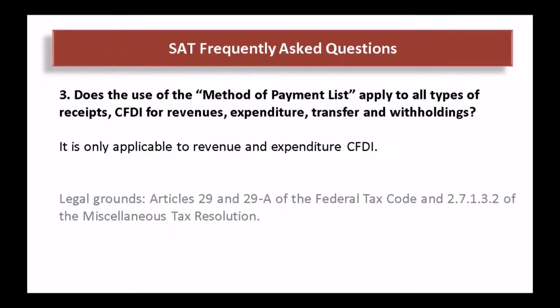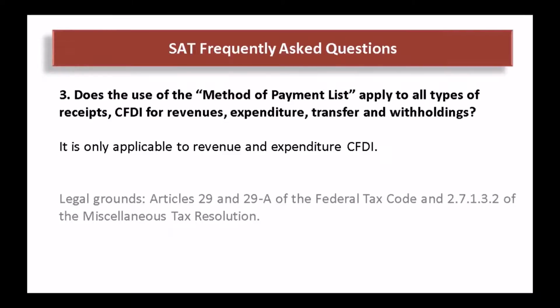So it's also known that this payroll CFDI corresponds to an expense. So we will be obligated to include the code for method of payment in each of the payroll receipts as well. I know that's an additional burden.